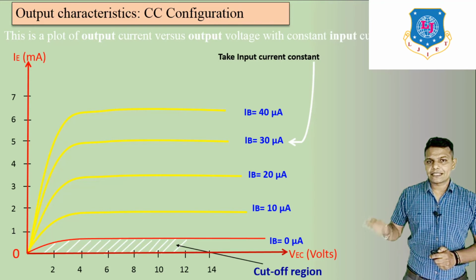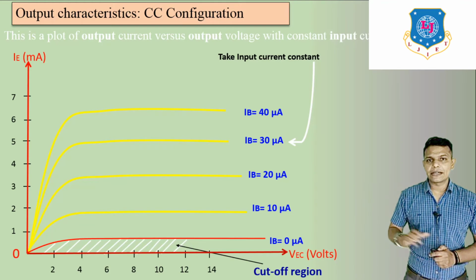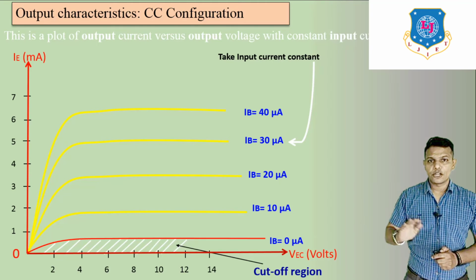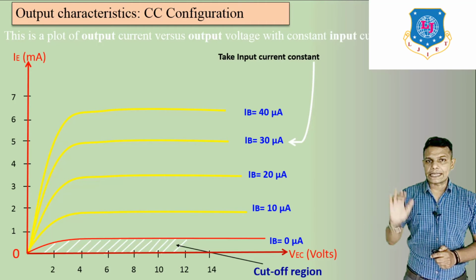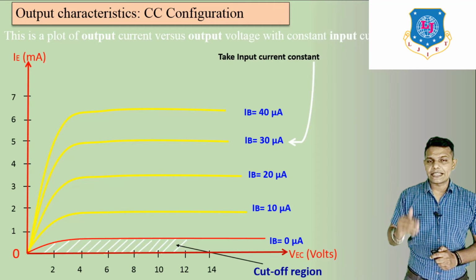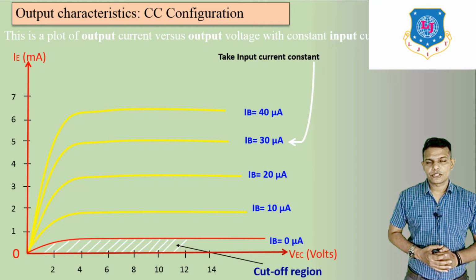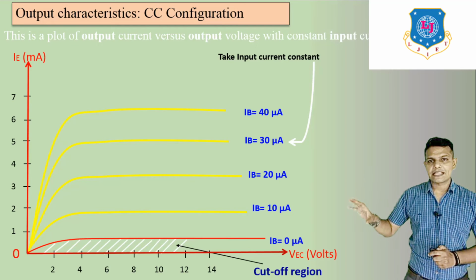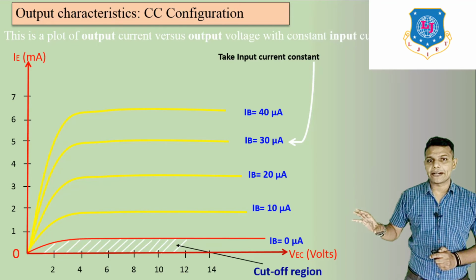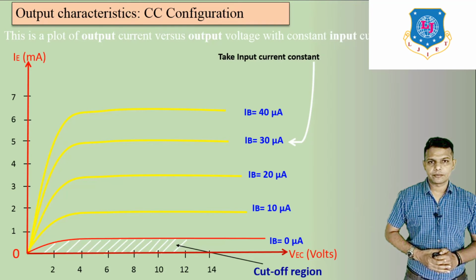We can see this characteristic is similar to the common emitter configuration, because there is no major difference between IE and IC. I already told you that IC is approximately 98% of the total current, so IE is approximately equal to IC. That's why you will get the same output characteristics as we discussed in CE configuration.